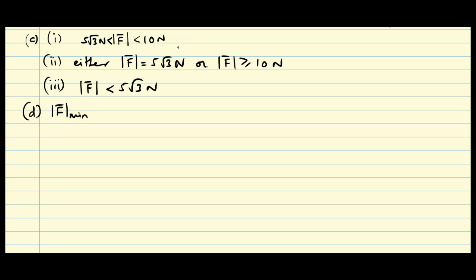So you just choose the minimum value among all these. Of course here you don't look at it because it's the condition for F bar to have no possible direction. So naturally the minimum value is going to be 5 root 3 newtons.